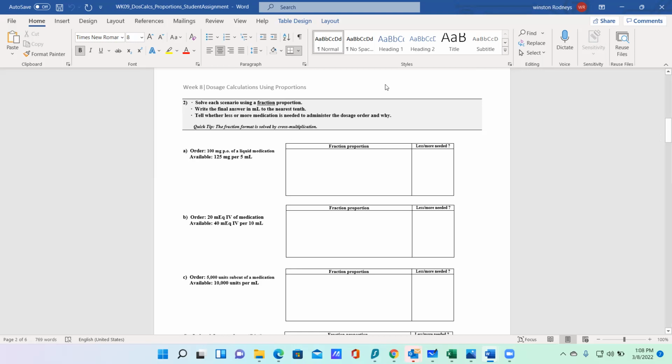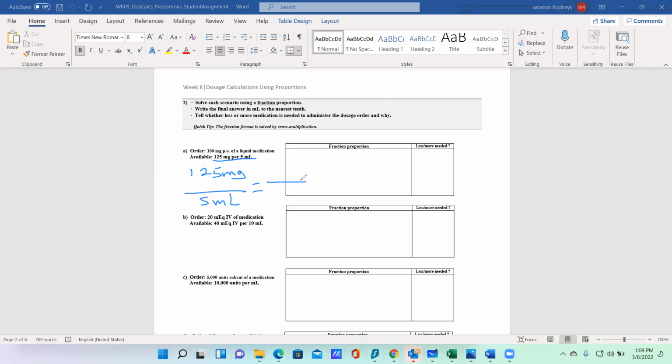Okay. So all that's happening here, ladies and gentlemen, is that we're setting up a proportion, just like we did last week, right? This is what is available: 125 mg over 5 milliliters equals, and you want to make sure that the mg's are in the same position.